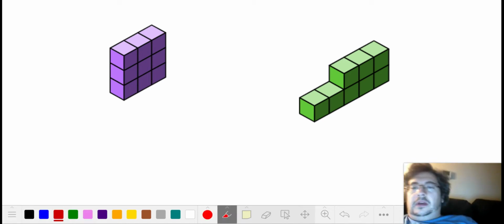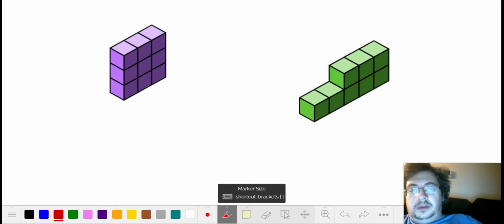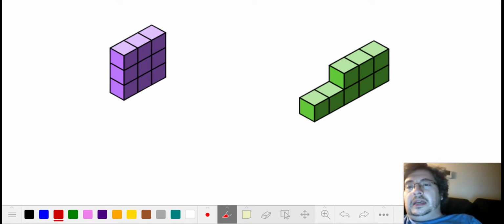So, if I look at this purple object here, I can count. Let's make that a little smaller there. I can count how many cubes are in this whole thing. So here's 1, 2, 3, 4, 5, 6, 7, 8, 9.